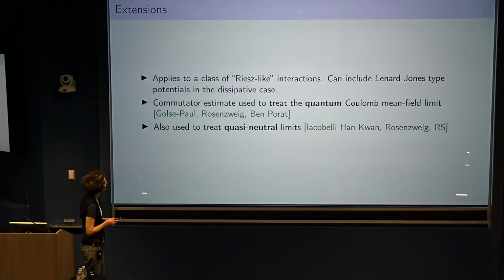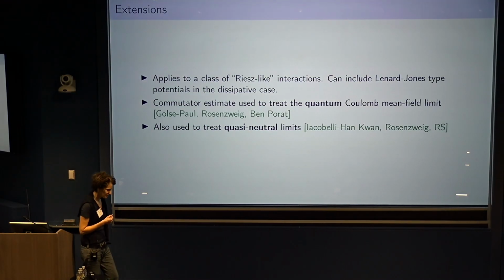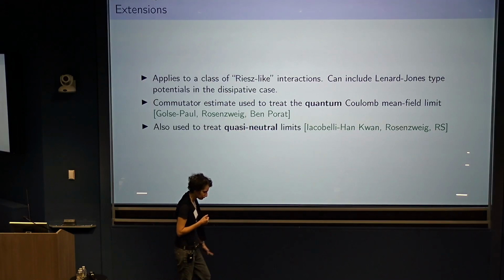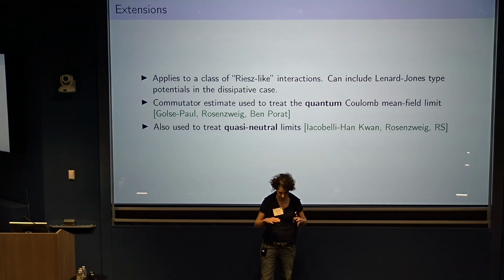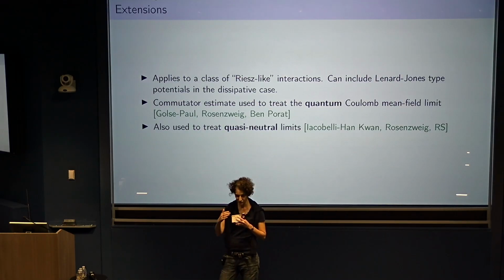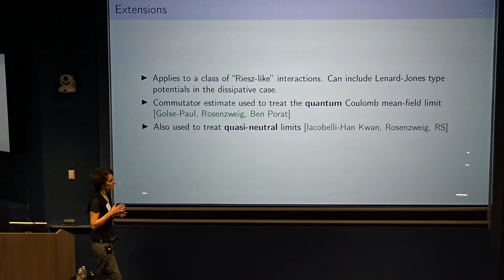So there are extensions. First of all, we don't have to have exactly a Riesz power, like an inverse power. Our commutator estimates apply to a class of Riesz-like interactions. So it's okay if the singularity is like Riesz at the origin, bounded above and below by some Riesz's, and also at infinity, and maybe bounded above and below in terms of the Fourier transforms.